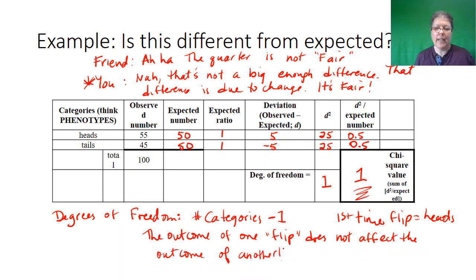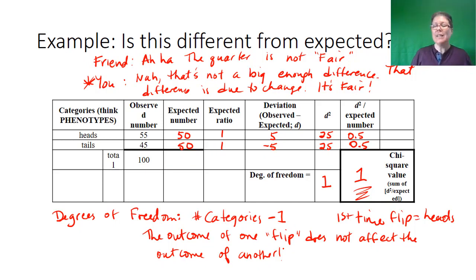And that's really key. That might seem really straightforward when it comes to quarters, but now think about it with children. So my husband's family has 4 boys and a girl. The first 4 children were boys. When the oldest was born, there's a 50% chance that that child was going to be male, and a 50% chance it was going to be female. So when the baby was born, it was male.